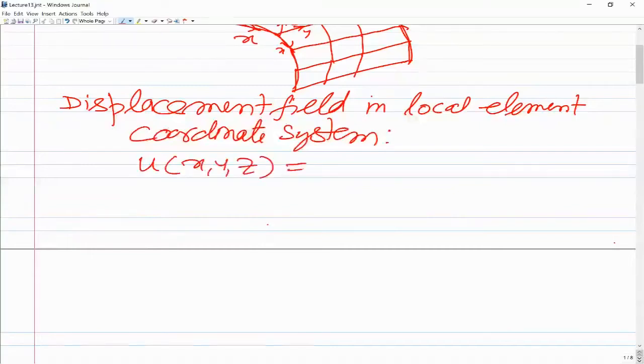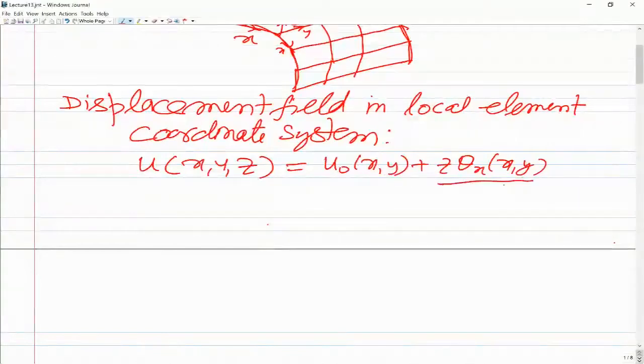So now let's say we are using the Mindlin plate theory for bending deformations. So we will have u(x,y,z) equal to u naught(x,y) plus z into theta x(x,y). So earlier we had only this term. This u naught term was not there because I said there is only transverse load, and there's no coupling between the bending and mid plane stretching.